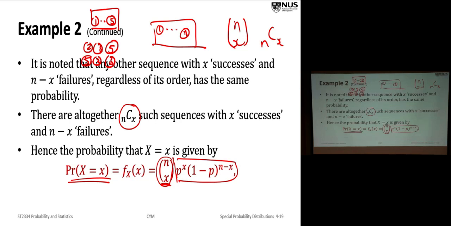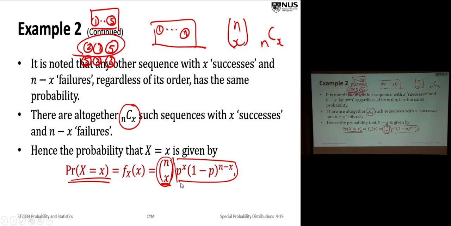So basically it's a combination. I select x balls out of the n balls, or select x successes out of these n trials. It just counts as a set of 2, 3, and 5.